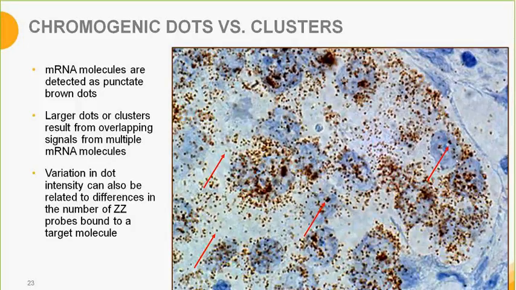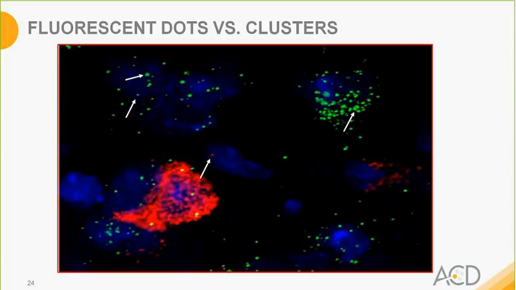The variation in dot intensity, so for example, if you compare this dot, which has a slightly less intense brown color than an adjacent dot here, can also be related to differences in the number of double Z probes bound to a target molecule. Similar patterns of dots and clusters can be seen in fluorescent versions of the assay, again with single dots shown here and clusters of dots shown with the upper arrows.